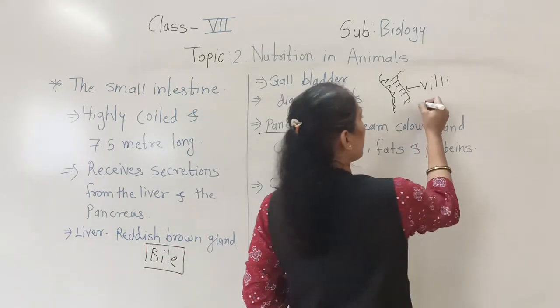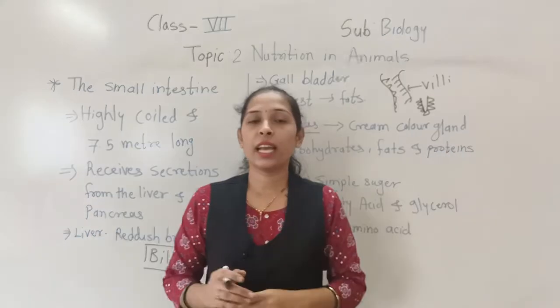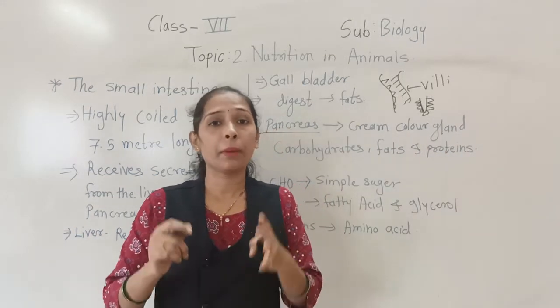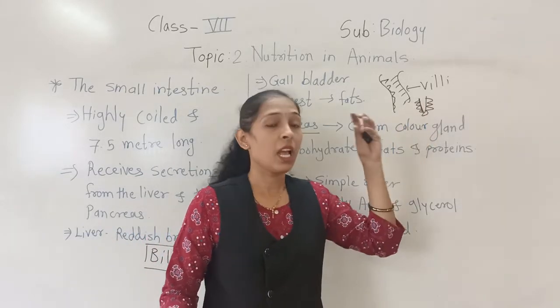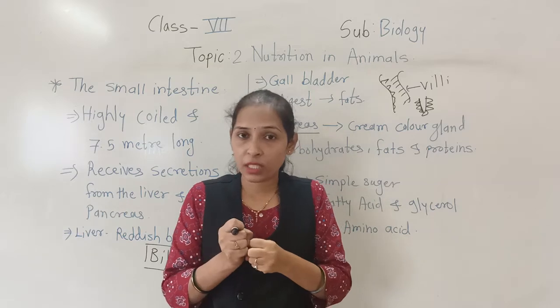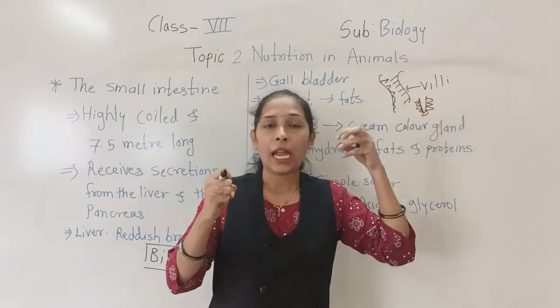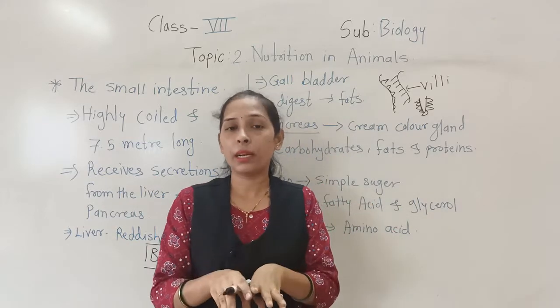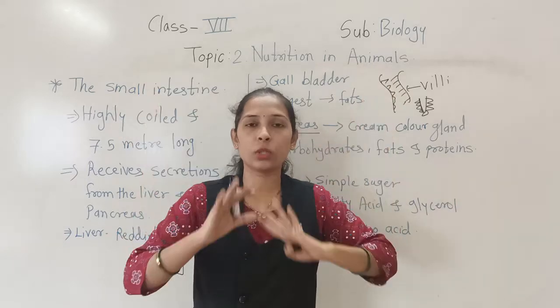Singularly, it is called a villus. Each villus has a network of thin blood vessels near its surface. The digested food is absorbed with the help of these villi and transported to the blood, and with the help of the blood it is transported to the whole body.